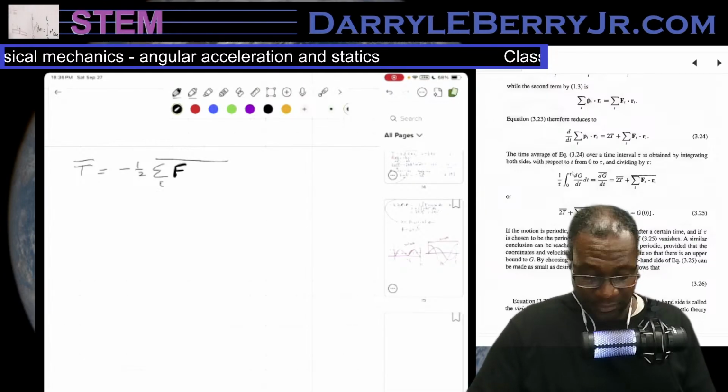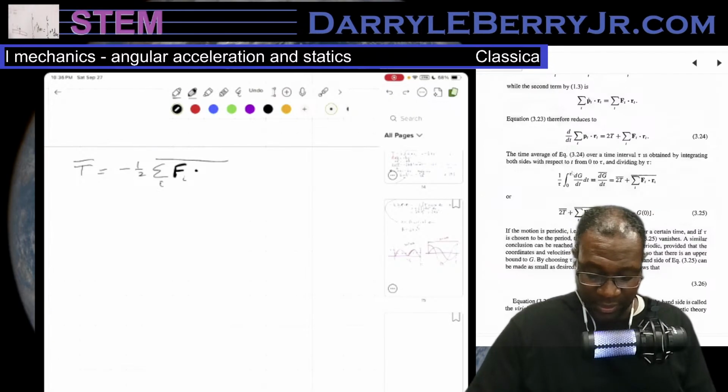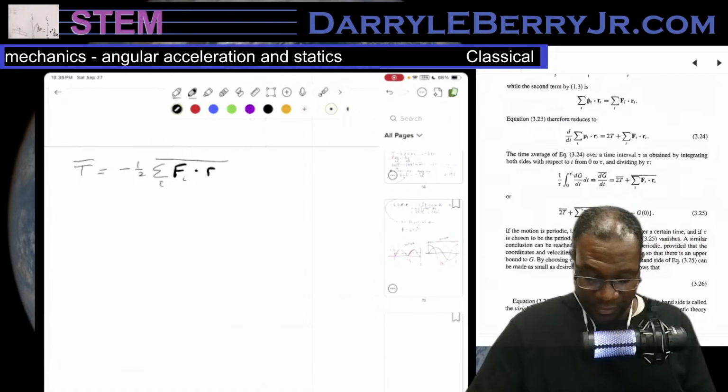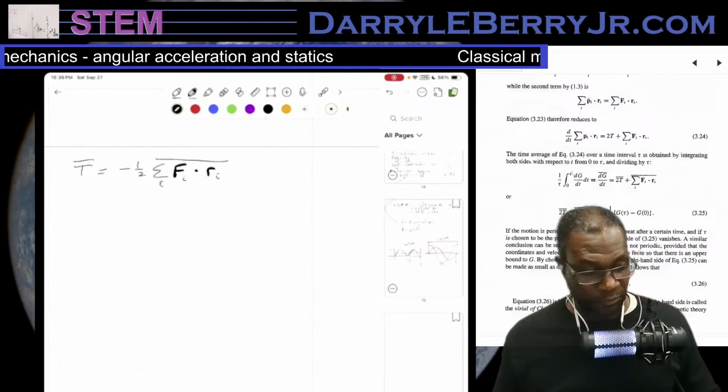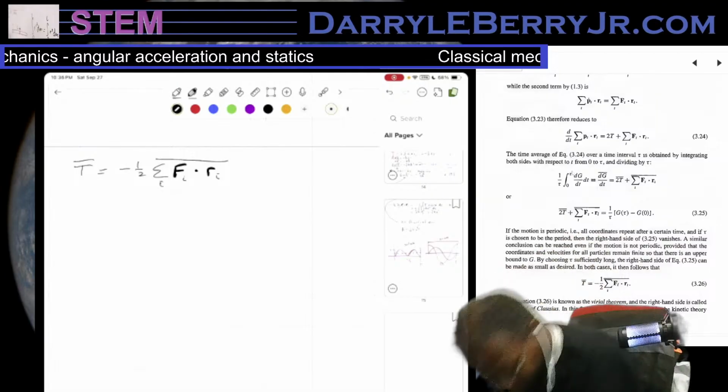The force of all the particles added together, dot producted with the position of each particle.